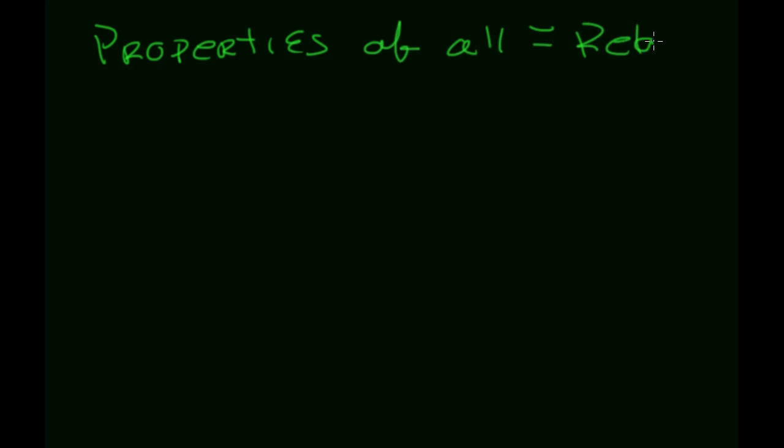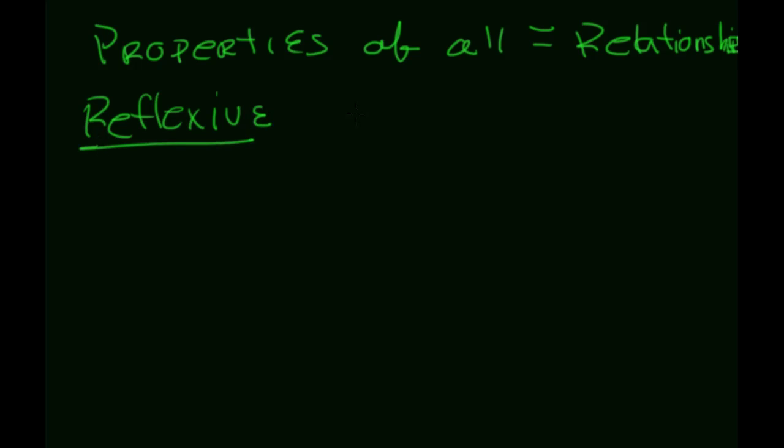Okay, so when you have equivalence relationships, there's a set of properties of all equivalence relationships. One is what we call the reflexive property, and that just says that everything is equal to itself. That seems pretty straightforward.